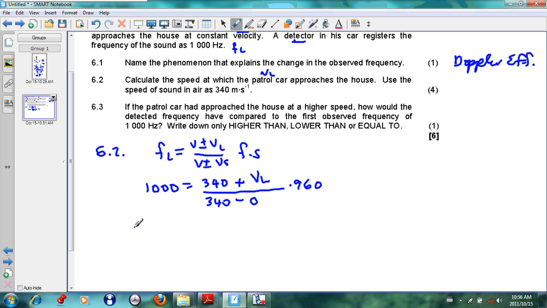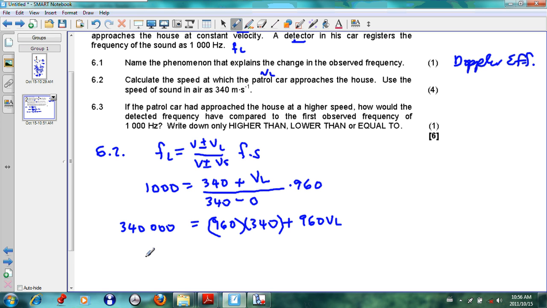So if we multiply this out, we get 1000 multiplied by 340, which gives us 340,000 is equal to 960 multiplied by (340 plus vL), which is 960 vL.